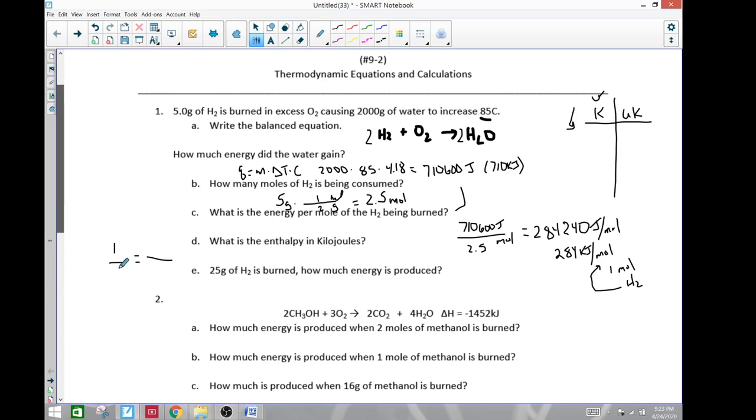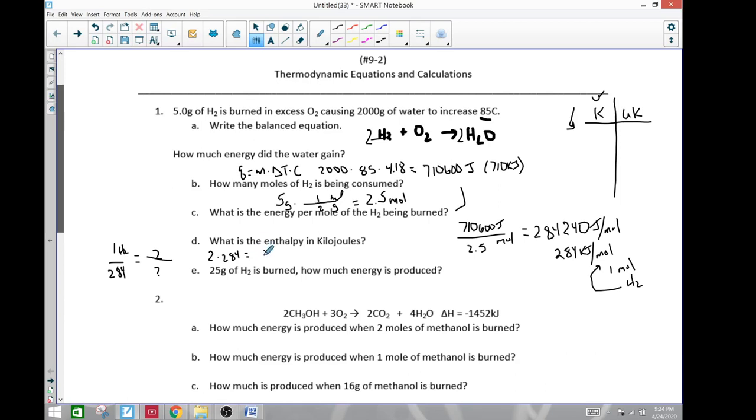If 1 mole of hydrogen gives us 284 kilojoules of energy, what would 2 moles get us? 2 moles is just going to be double that. So 2 times 284 would be solving for that piece there. We just double that. So times 2 is 568 kilojoules.